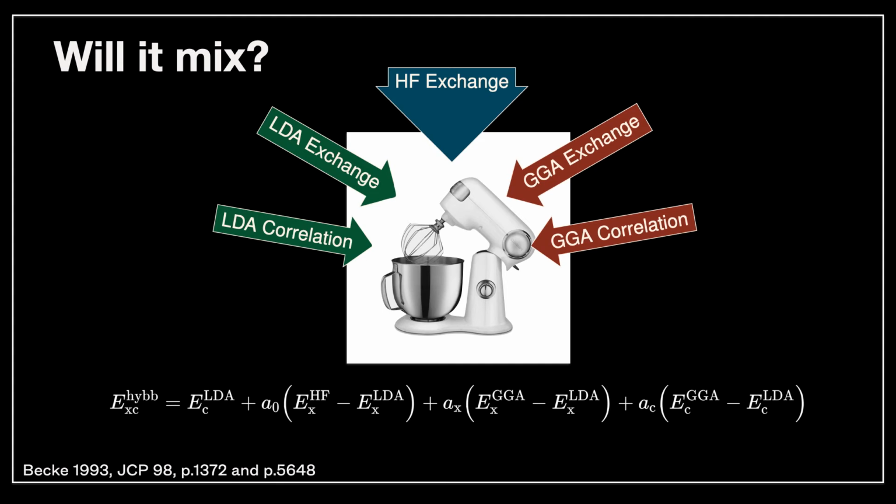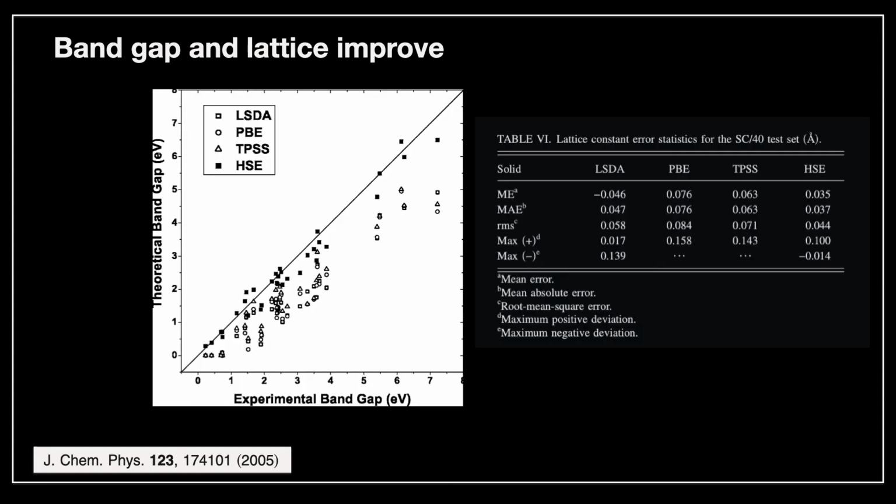So one of the successes of hybrid functional I'd like to show you is this one, which is called HSE. I'd like you to not worry too much about the TPSS here, but this is a plot similar to one I already showed you before, where you put the experimental band gap versus a theoretical one, and hopefully you are on the bisector.